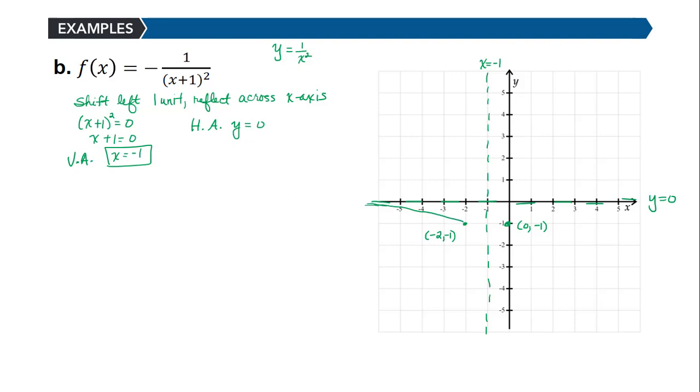Then it's going to go through this point, -2, -1, and then continue going down as we approach this line x equals -1 from the left. And then on the other side, it's going to go down on the other side of -1, and it will go through 0, -1, and it approaches y equals 0 as we get closer and closer to infinity.